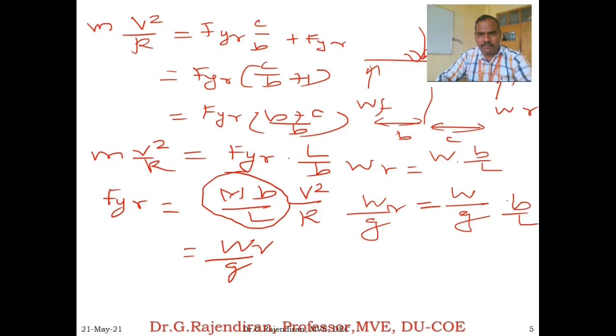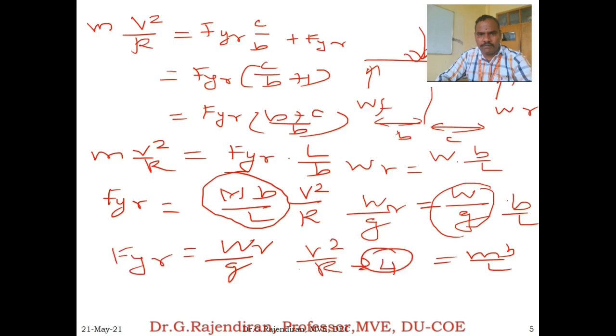Clear? So this W by g is equal to mass m into b by L. Correct? So we can substitute here WR by g into V square by R. Clear? This is equation number 4.